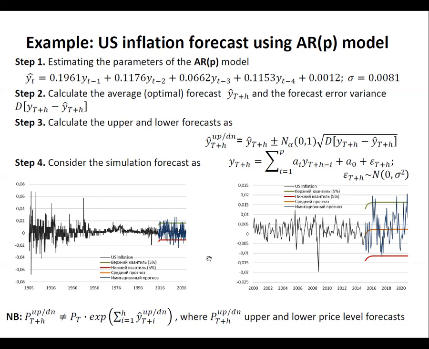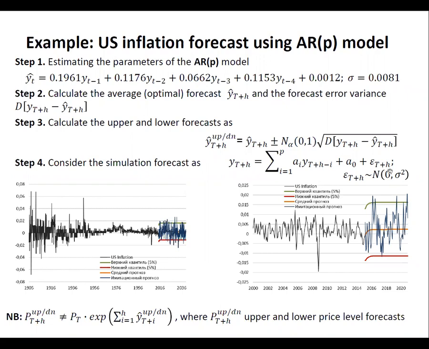The simulation forecast is calculated as follows. For each step ahead, the simulation forecast will be an autoregressive model with reference to previous values plus the current period error. The simulation forecast is calculated recursively. The autoregressive model one step ahead relies entirely on known y. So for one step ahead, h equals 1. These first two terms are constant.